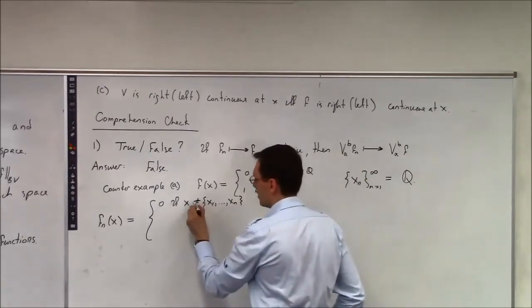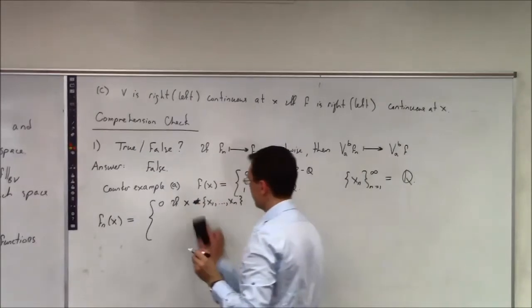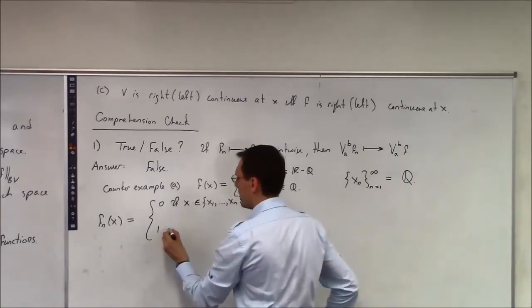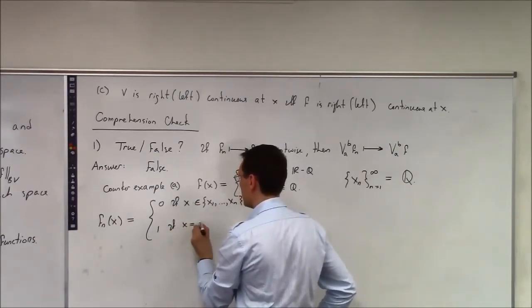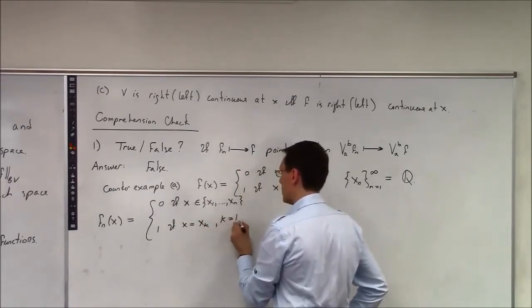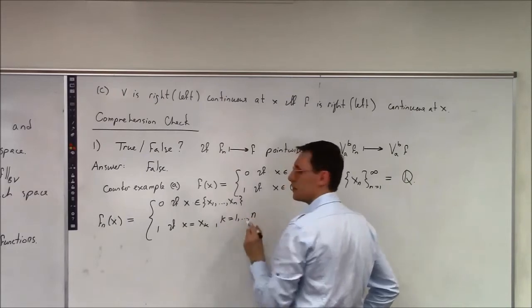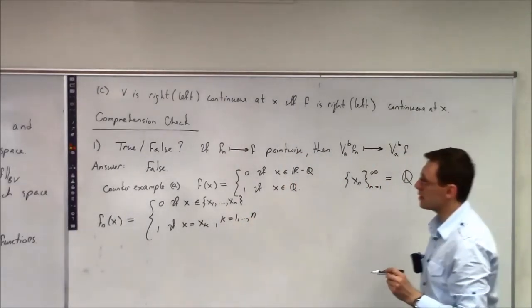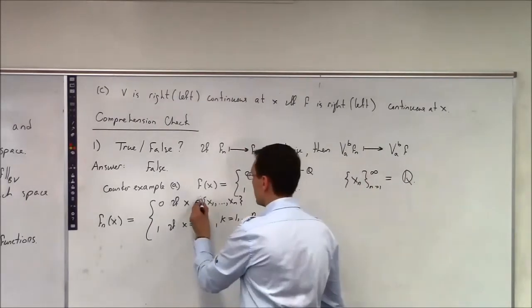X doesn't belong there. And 1 if x is equal to xk, where k is 1 through n, right? Yes, it's not n. 0 if x is not.